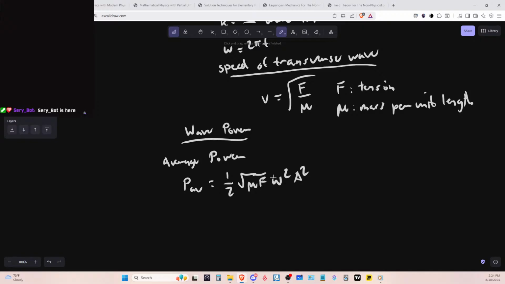So basically we're taking the tension, aka force, and multiplying it by mu, which is the mass per unit length. Interesting. Omega is supposed to be the 2 pi and the frequency and the amplitude.